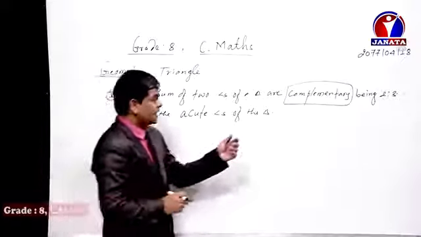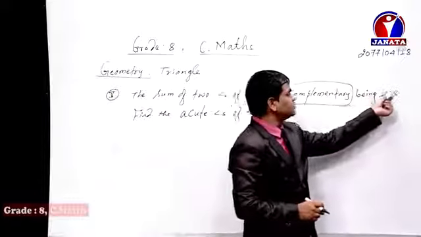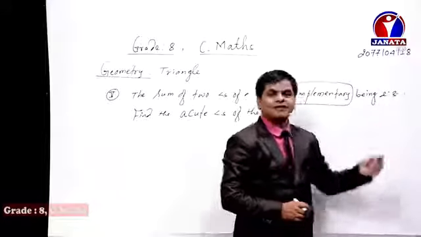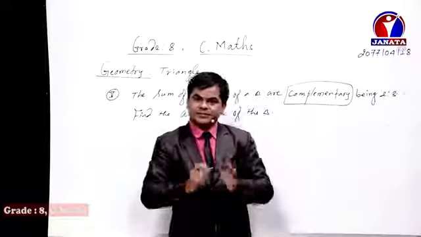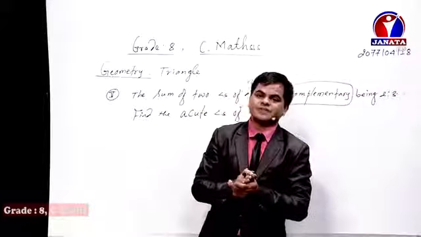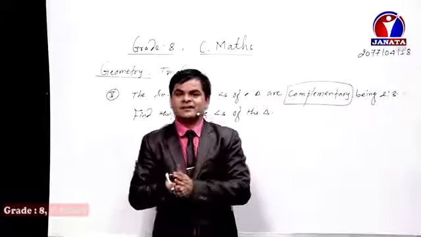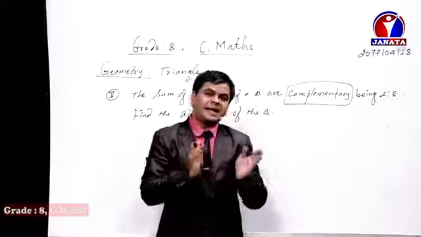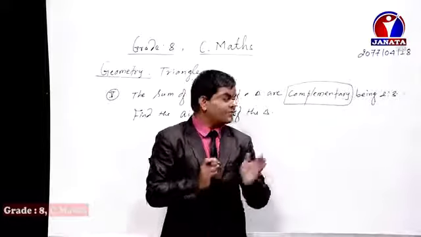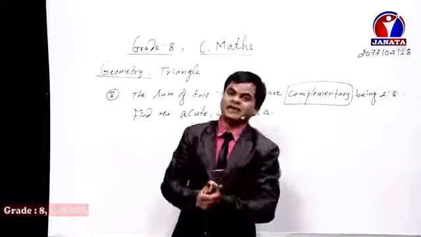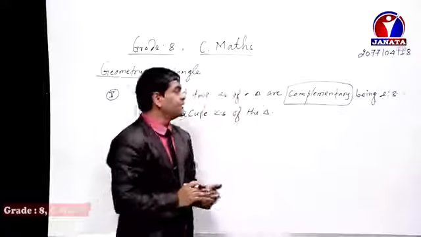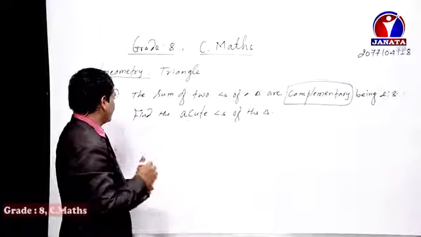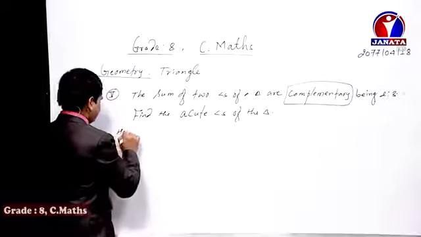So if those two angles are in the ratio of 2:3, it means we need to remember, dear student, if one angle is 2x, then the other angle is 3x. So we need to suppose those ratios to find out the value.